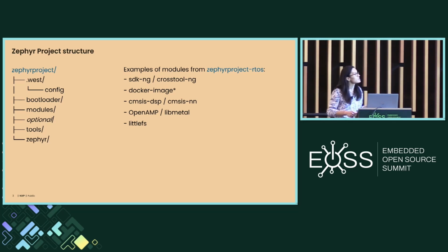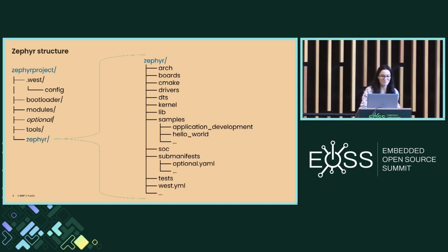We have there some examples. CMSIS-DSP and CMSIS-NN are optimized libraries used for computation and neural networks. OpenAMP and libmetal are examples for inter-process communication. LittleFS is an example of a fail-safe file system designed for MCUs. And there are more, others.